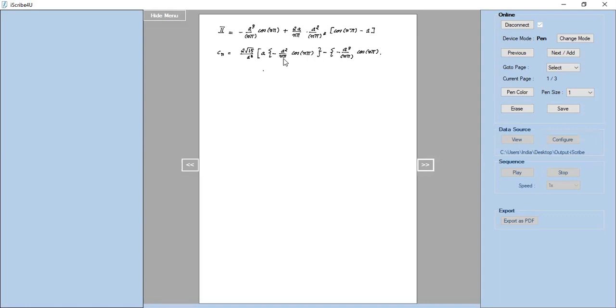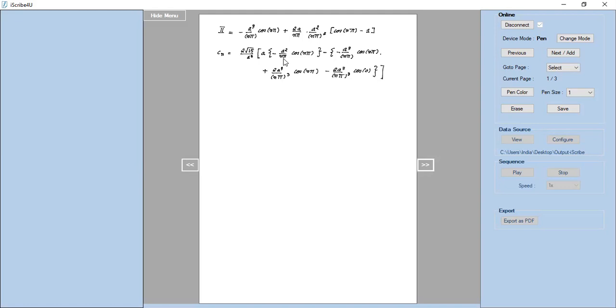Okay, I may be making some mistakes here, I don't know. A cube, because I'm doing things too fast for my own style. Okay, cosine of n pi minus 2a cube by n pi cube cosine of 0, or 1. I should have written it as 1.